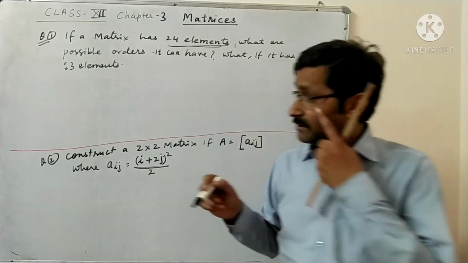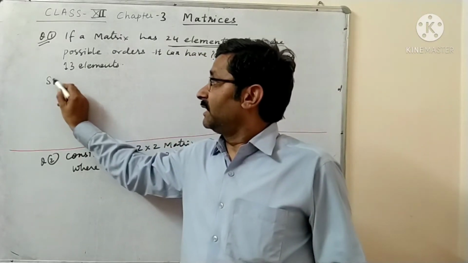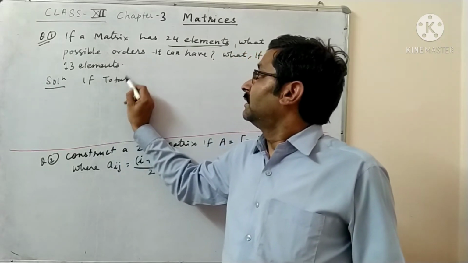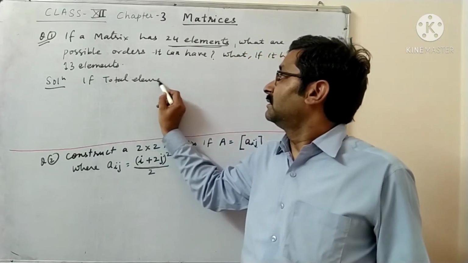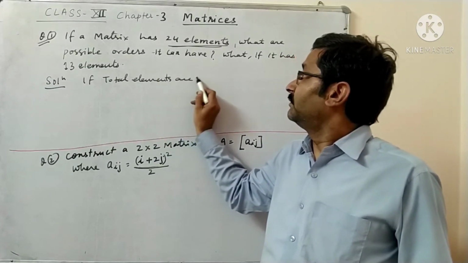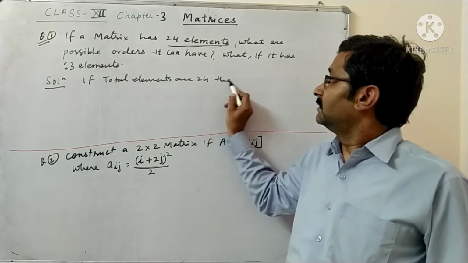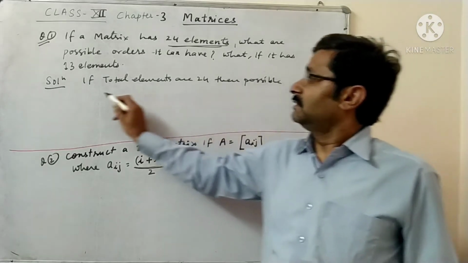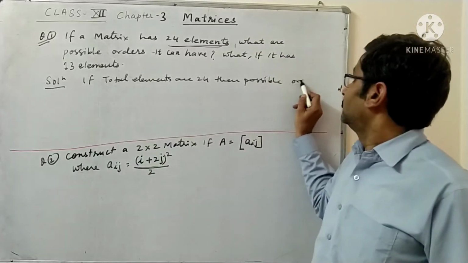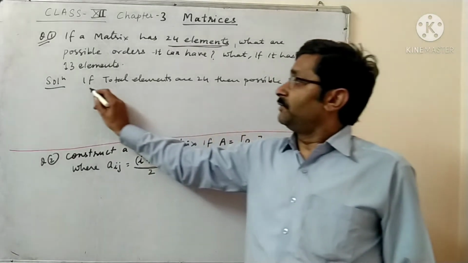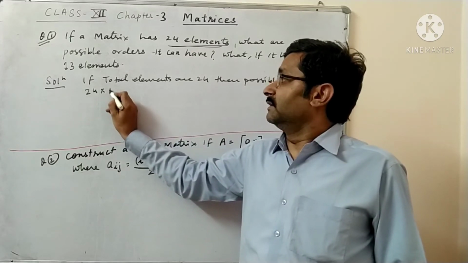If total elements are 24, then possible orders are, we can write here 24 into 1.